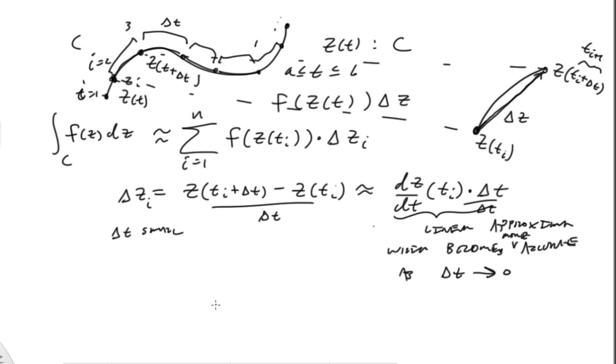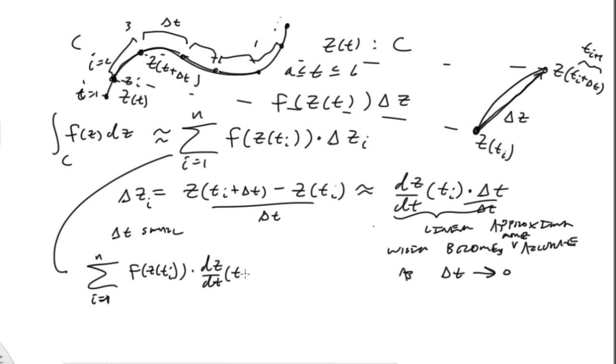All right, so we can write that now as follows. Then that means that our integral becomes the sum from i equals 1 all the way to n, for whatever number of little segments we've broken up our curve into, of f of z of t_i times dz dt evaluated at t_i, delta t.